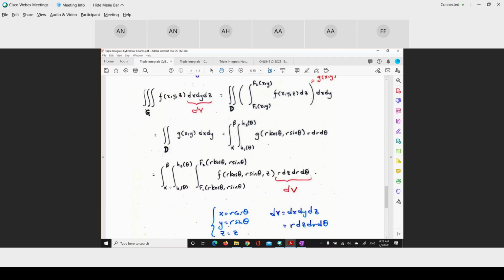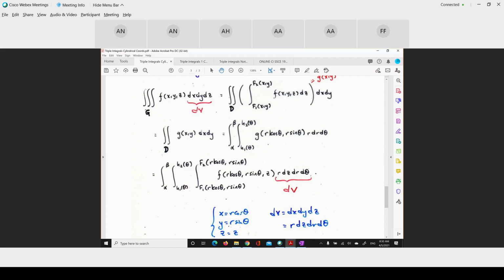So here dV, the volume element, is r dz dr dθ. Okay, r dz dr dθ. You see, we don't have any more x, y here. Even in the functions f1 and f2, we have replaced x and y by r cos θ and r sin θ.